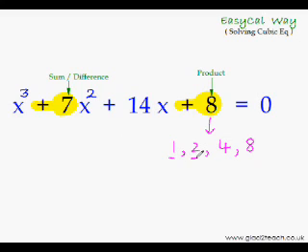That means these three are the factors. So to find the solution of this cubic equation, you just have to change the signs of the factors. That's it. Question solved. The three solutions of this cubic equation are x equal to -1, x equal to -2 and x equal to -4. So tell me now, wasn't that easy?